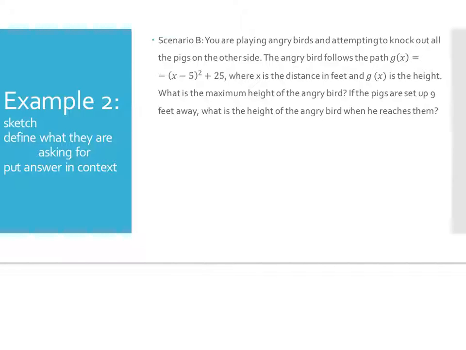So it wants to know what is the maximum height of the Angry Bird. And then if the pigs are set up 9 feet away, what is the height of the Angry Bird when he reaches them? So again, height is going to be your y value. If they want maximum height, that's the y value of the vertex.